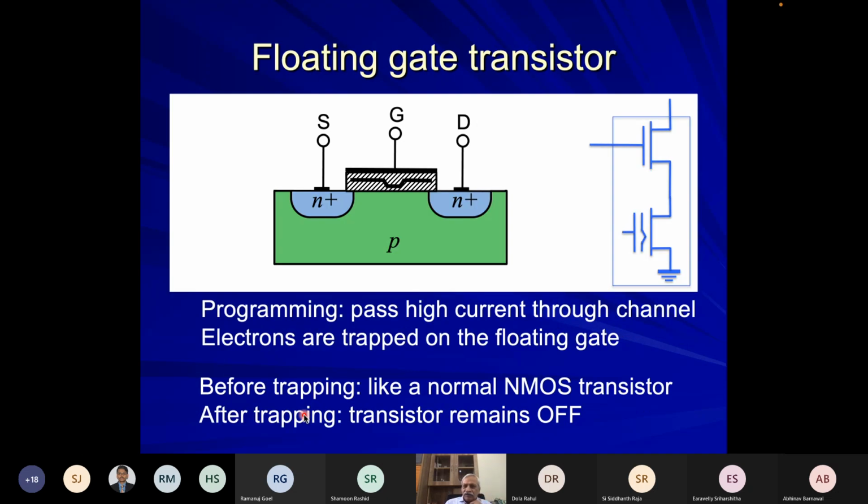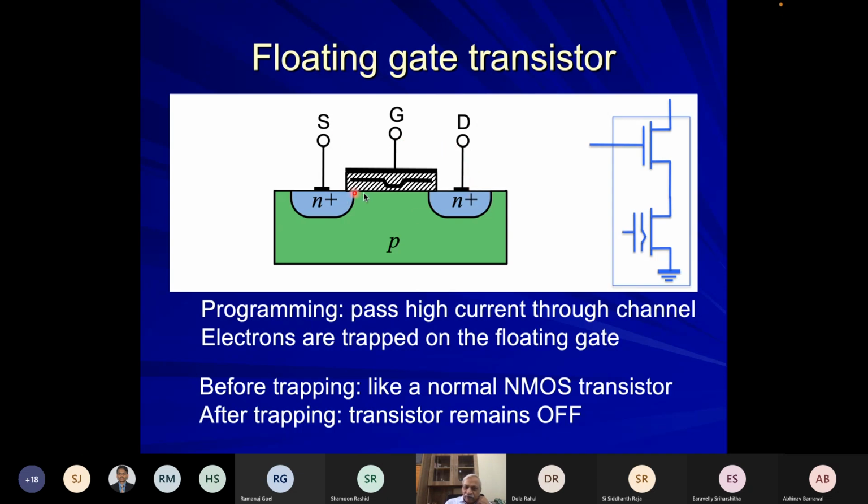This is the structure of a floating gate transistor. I will not go into the physics of this in detail. All you can see here is the oxide area of the transistor, and there is a floating gate. It's not connected to any external terminal, whereas the drain, gate, and source are connected to external terminals.